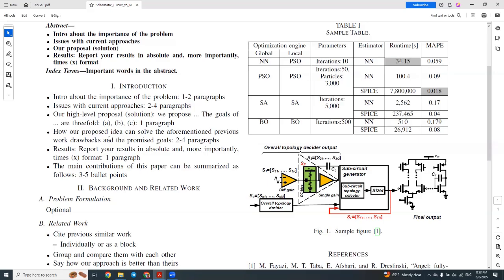Then in the following paragraphs, based on the length of the venue, we talk about how our proposed idea can solve the aforementioned drawbacks of previous work and the promised goals. Again, we don't go into much detail. We don't say our neural network has three hidden layers with 64 nodes, and so on. It's just saying that we use a neural network, this is why it works, and this is how it works.